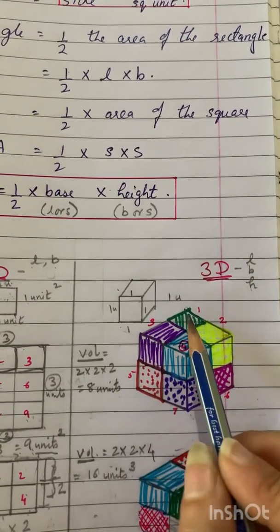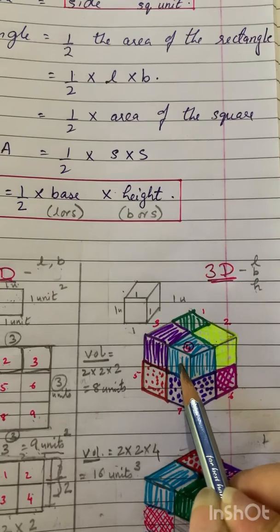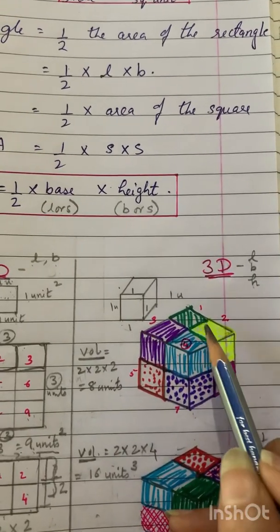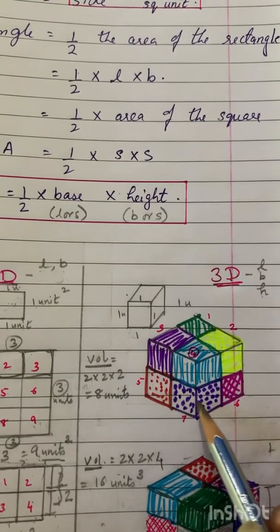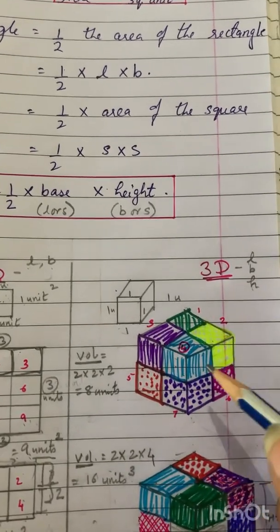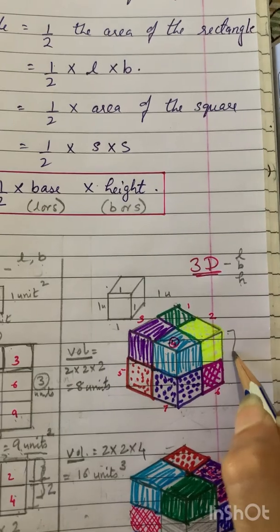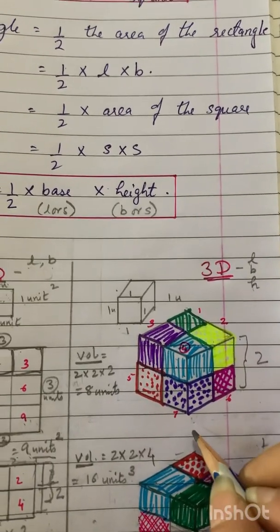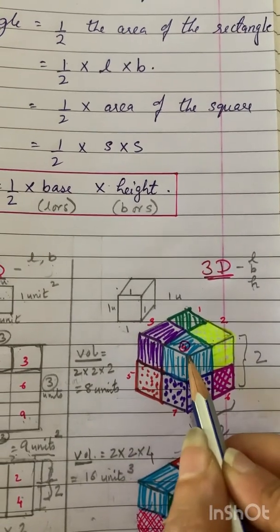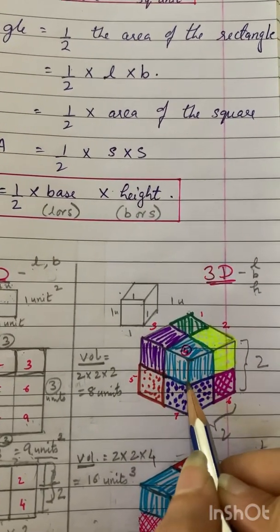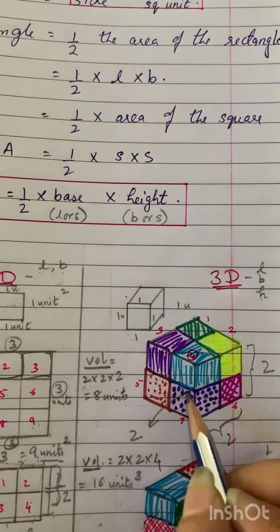So 1, 2, 3, 4. So I have made a layer of 4 boxes on top and 4 boxes down. So this is 2 units, this is 2 units, and this height is 2 units here.